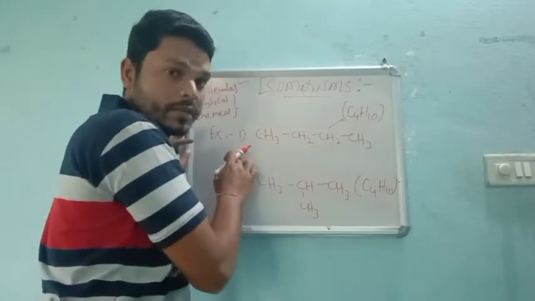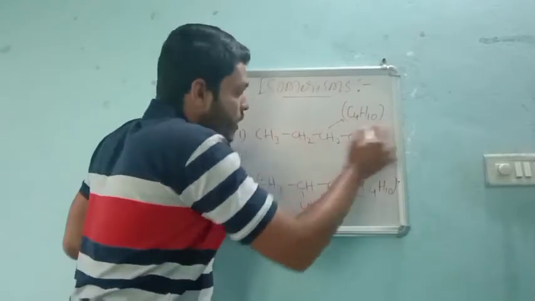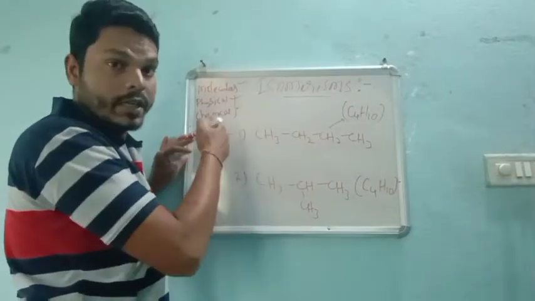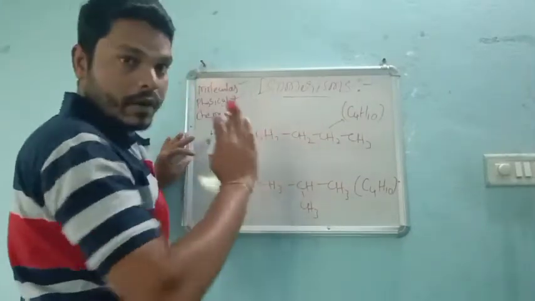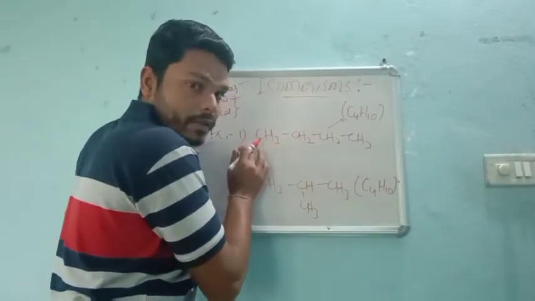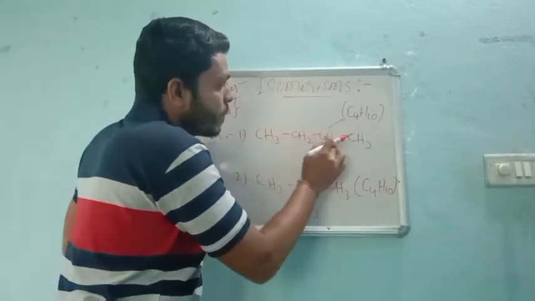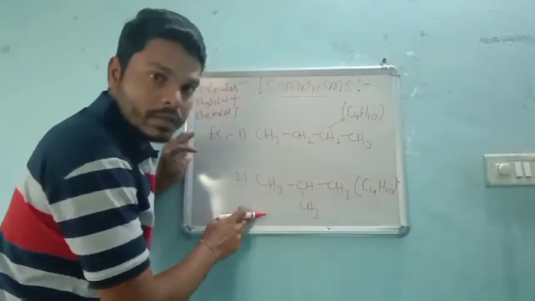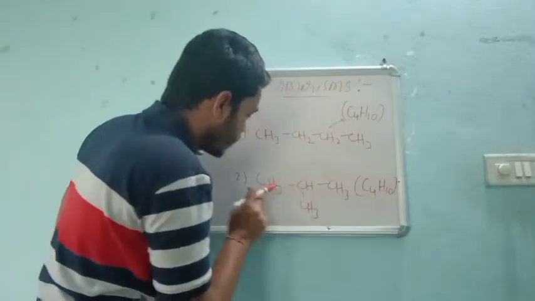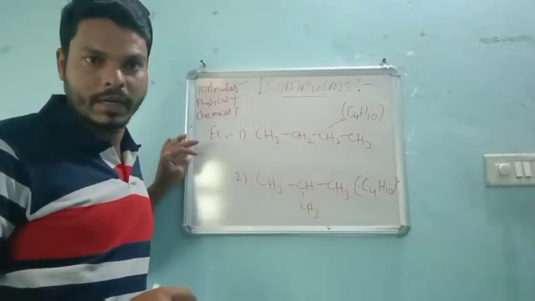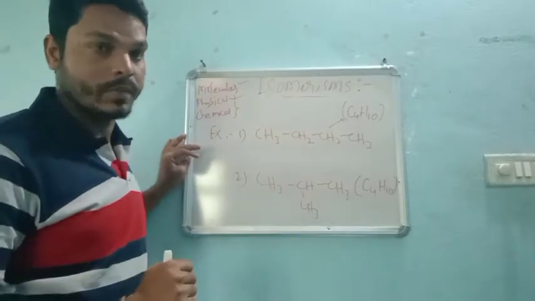I am just going with the physical changes now. In the first case, there are 4 carbon atoms in a straight chain. Very important. What about this? In the straight chain, there are only 3 carbon atoms. This is the first physical change.